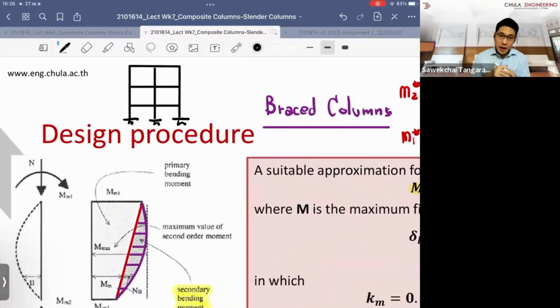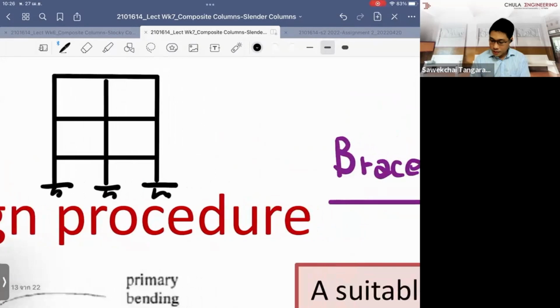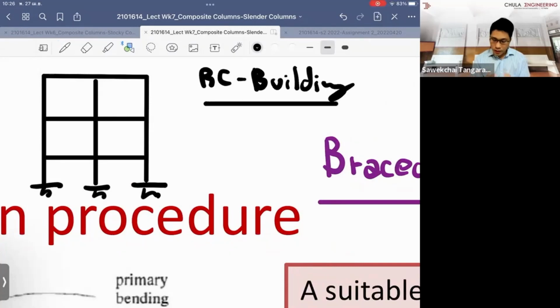If you had to design or analyze a building, assuming that this is a reinforced concrete building, the RC building. Some of you may know, some of you may not. The question is how much of the stiffness you should put into the member.